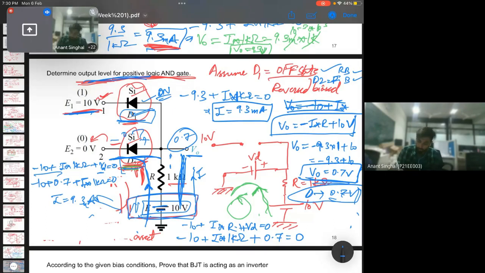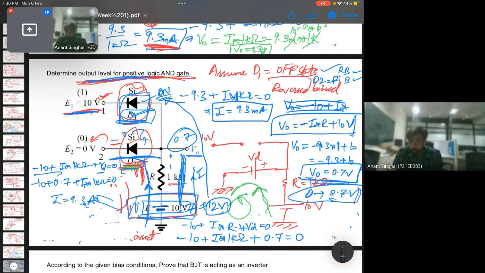We can say that if this is 10 and there would have been this 0.7, or maybe a higher voltage, maybe 12 volt, that might say that this diode might have been in the on state. I hope this confusion is clear.